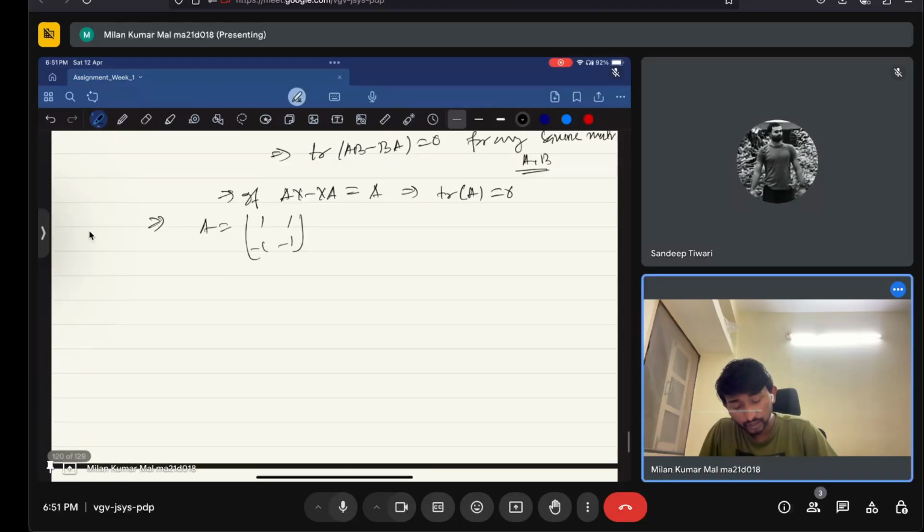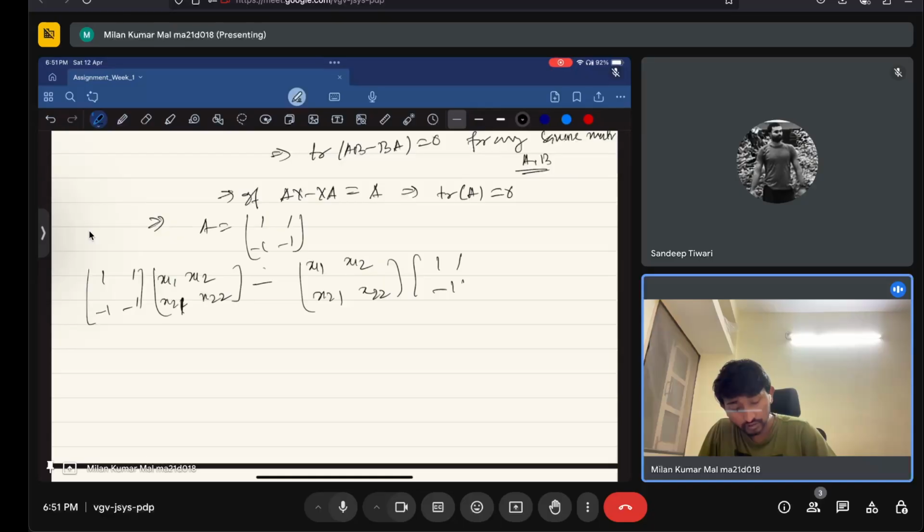So therefore, if we have this one, let's take X general, x11, x12, x21, x22, with A as 1, 1, minus 1, minus 1, and the other product x11, x12, x21, x22 with 1, 1, minus 1, minus 1.